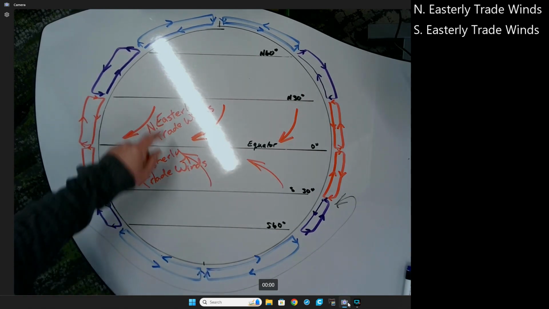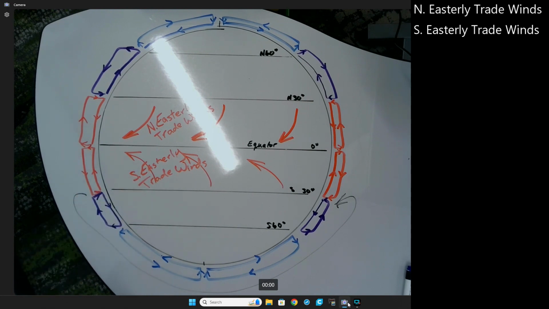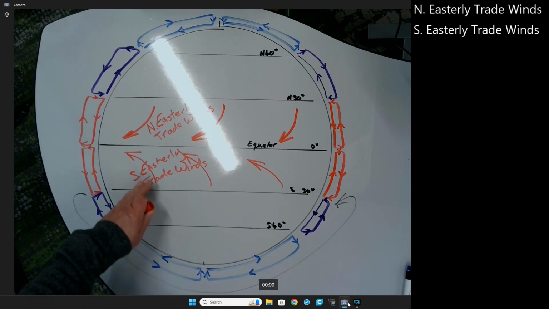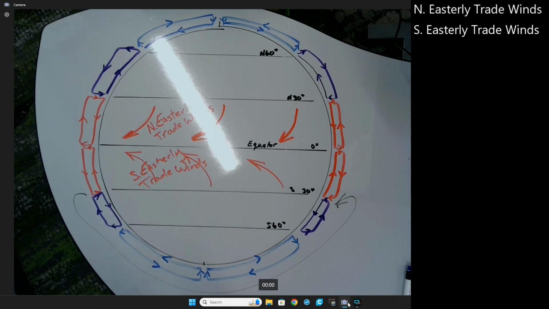So these are the northeasterly trade winds, and these are the southeasterly trade winds. You can certainly fit these in better than I have, but I needed to write them big enough so that you could see them. Pause the video if you need to, but I'm going to keep moving on.